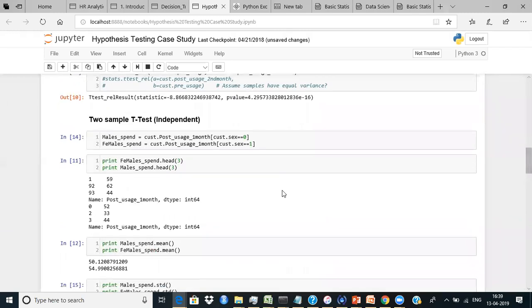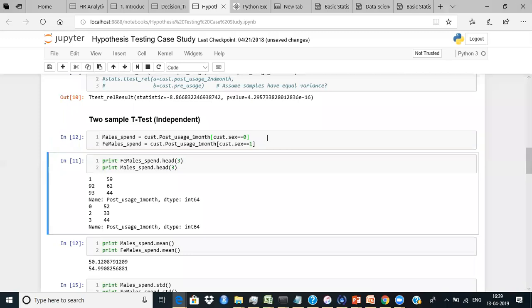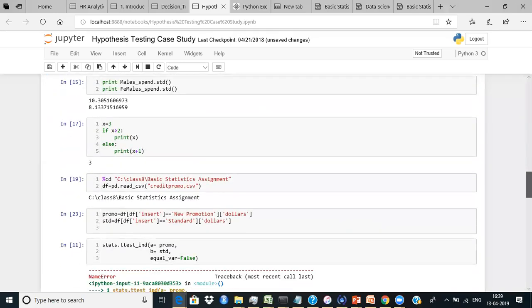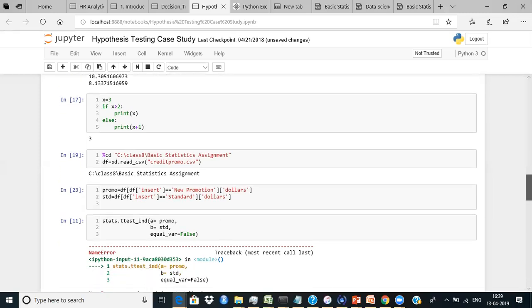Okay, so before running this, what we need to do is separate out the male and female, because they are in the same data frame. So here I separate out the male and female based on gender.